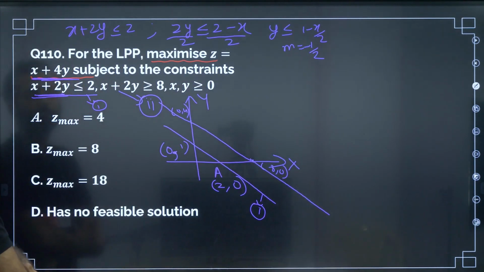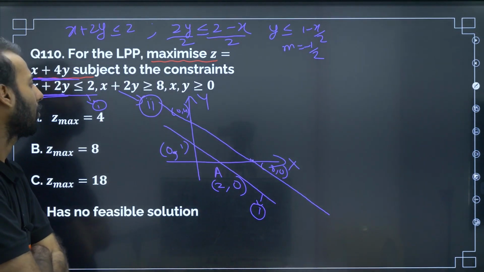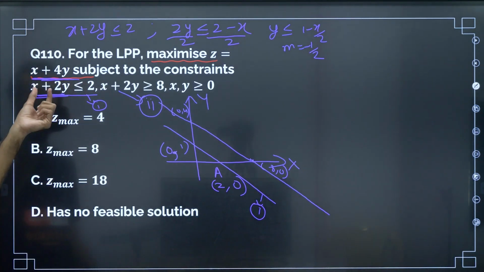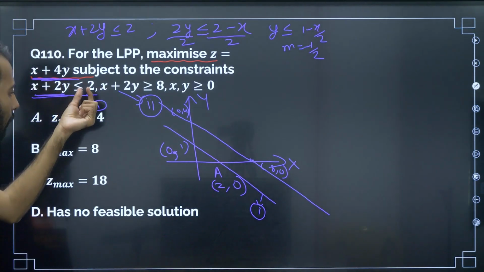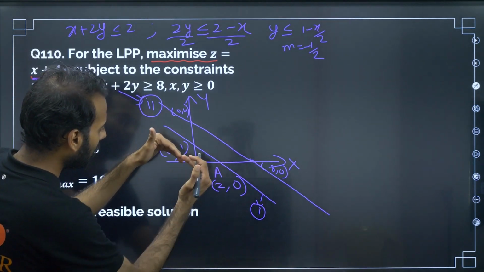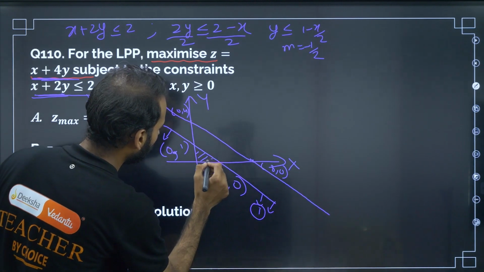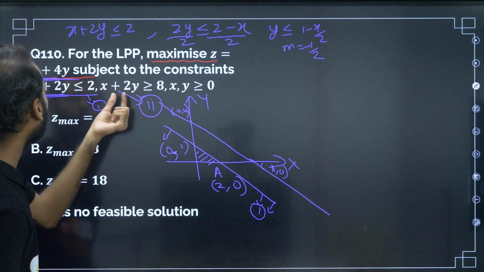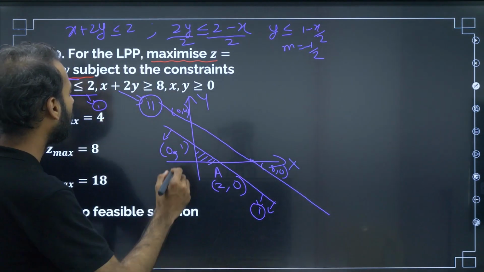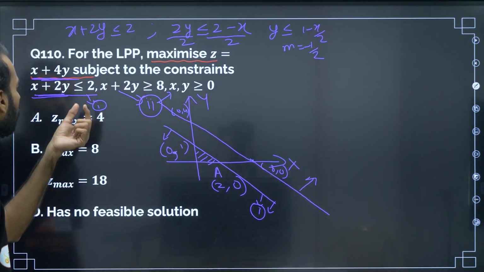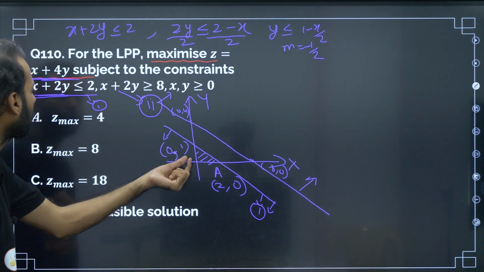Subject to constraints x plus 2y less than or equal to 2, and so on. X is greater than or equal to 0, y is greater than or equal to 0, first quadrant only, don't consider other quadrants. Now x plus 2y less than or equal to 2 means they are talking about this region. Next, x plus 2y greater than or equal to 8 means this region. To check whether this region, let me consider 0 comma 0.